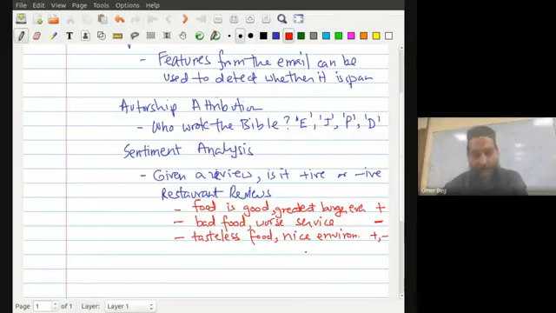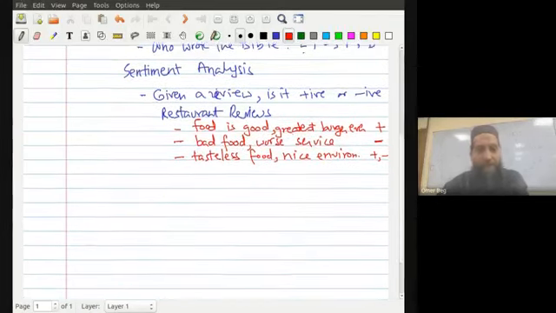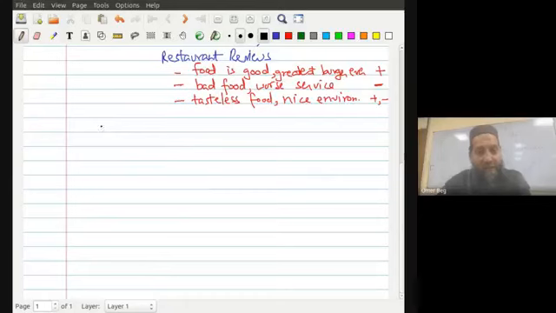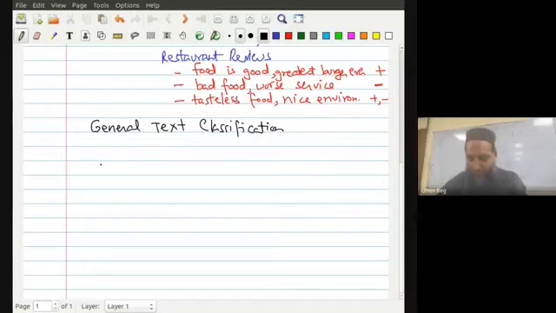So generally, let me put down the general text classification problem. We'll be talking about supervised text classification.